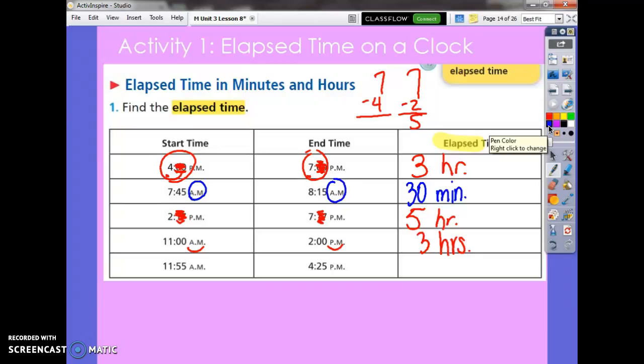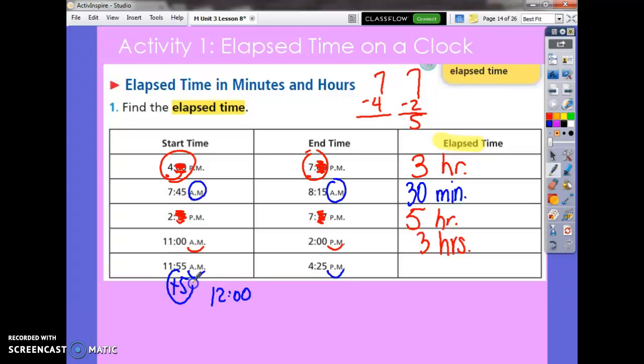The next one might be a little more tricky, and that's okay. So I look at 11:55 a.m. and 4:25 p.m. So again, I'm crossing over noon. So if I look at 11:55 a.m., I know that if I add 5 minutes, that's going to be 12 o'clock.